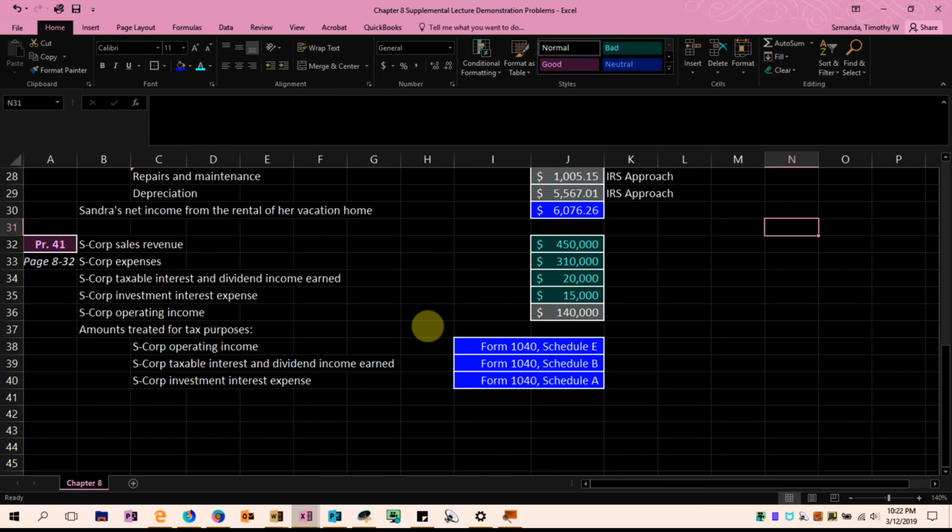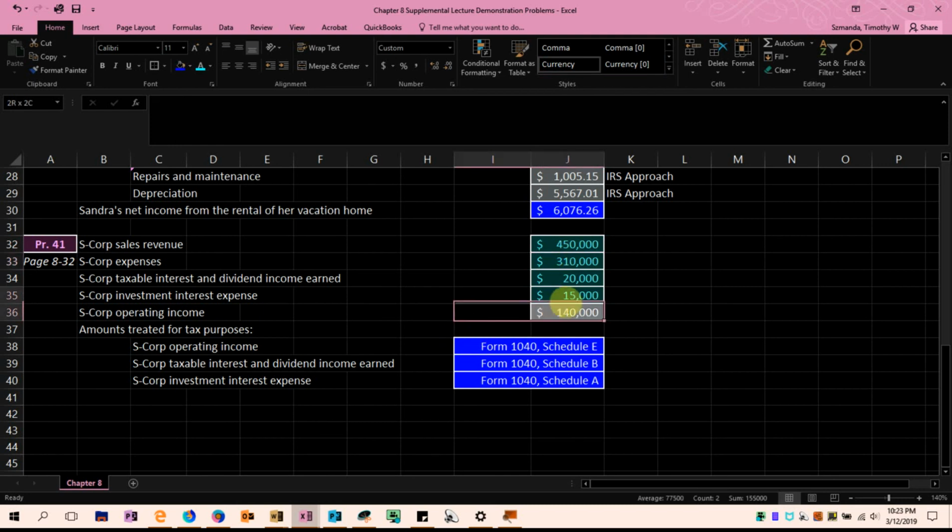The company reported sales revenue of $450,000 and expenses of $310,000. The corporation also earned $20,000 in taxable interest and dividend income, and $15,000 of investment interest expense. Where are these amounts reported? Well, I calculated the S corp operating income, which was just the $450 minus the $310, so their operating income is $140.